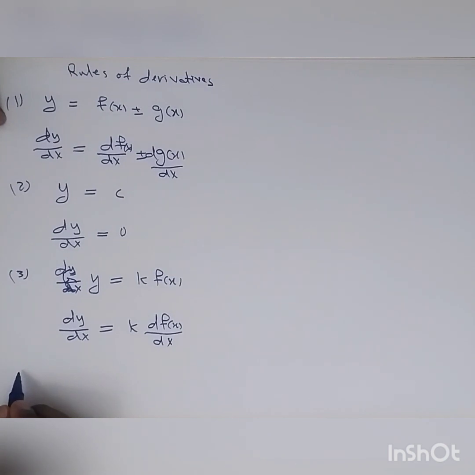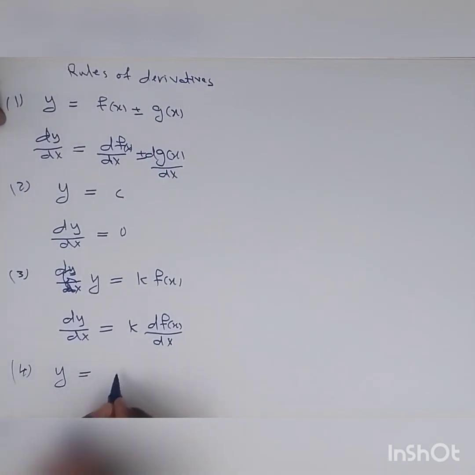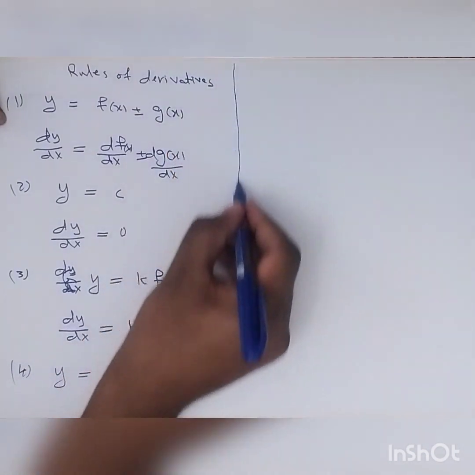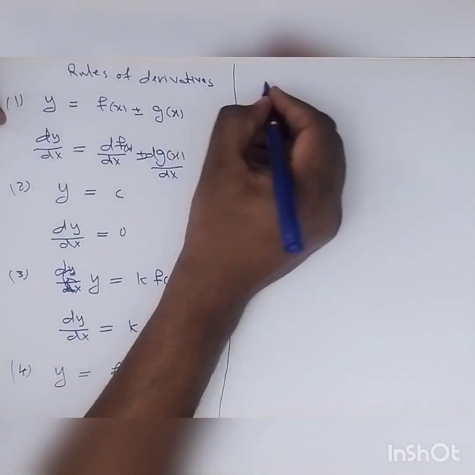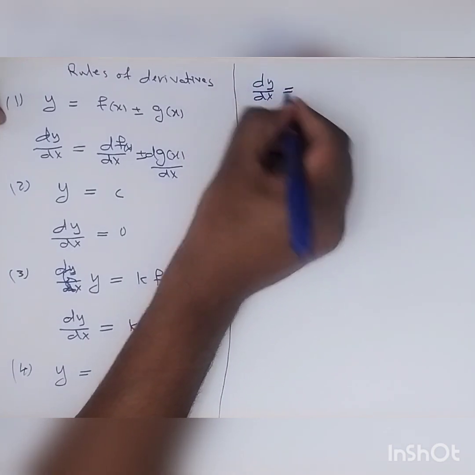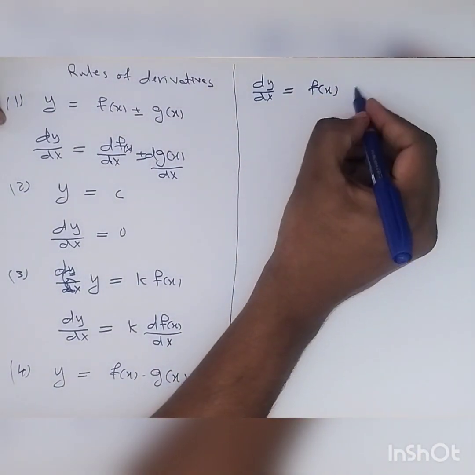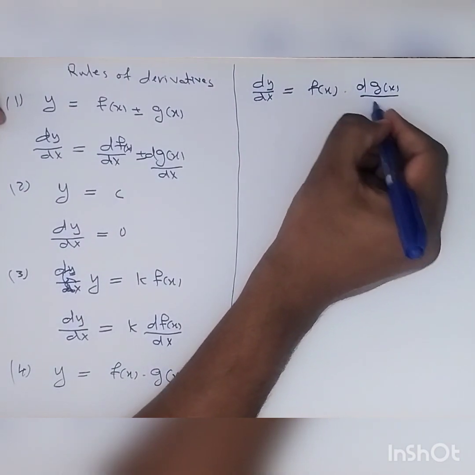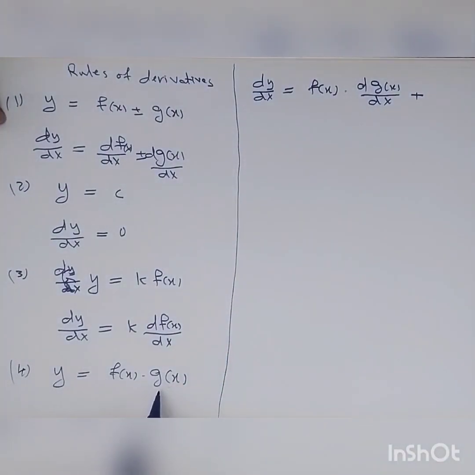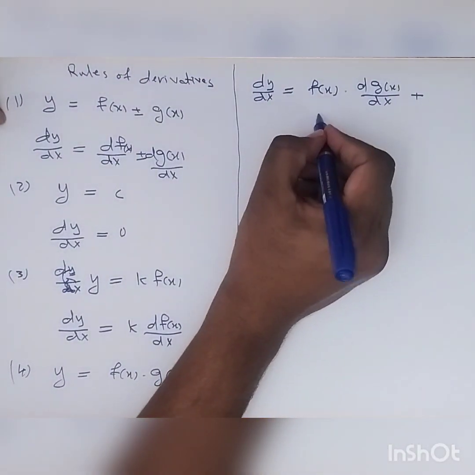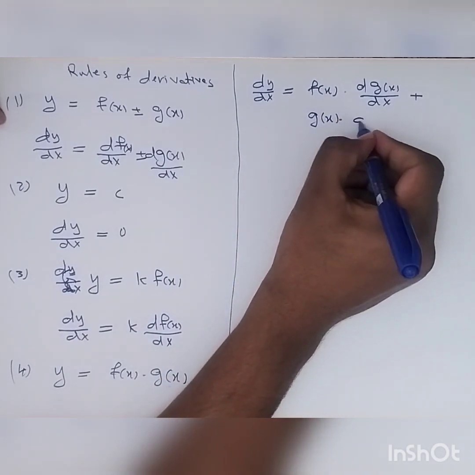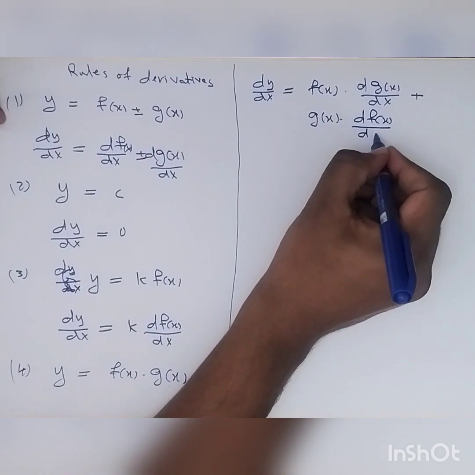And of course we have more. We have the multiplication, for example rule 4. If we have those two functions multiplied, f of x times g of x, and we would like to find the derivative, then dy by dx will be equal to the first function f of x times the derivative of the second function g of x divided by dx, plus the second function times the derivative of the first function with respect to x.